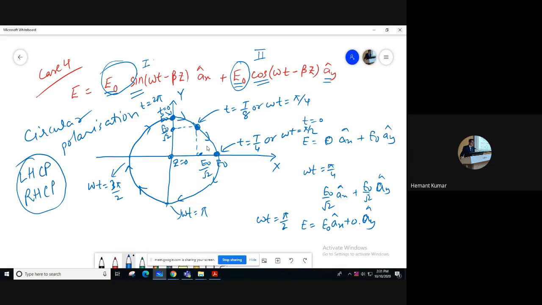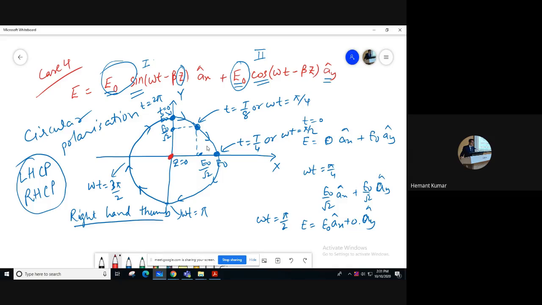You need to listen to this very carefully. If your right hand thumb points towards the direction of propagation, so what is the direction of propagation? Z. The direction of propagation is this one, outward, right?